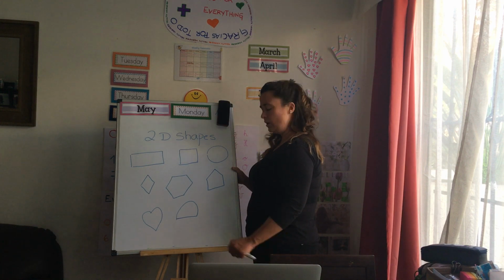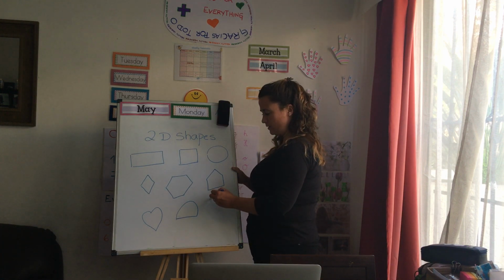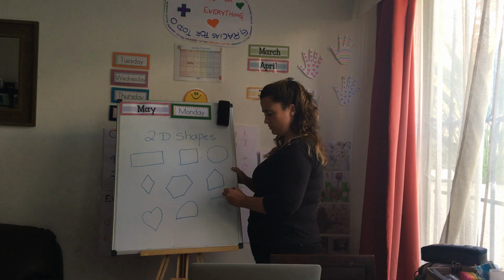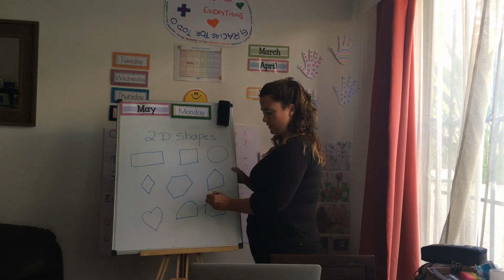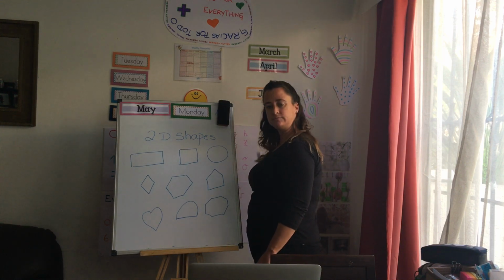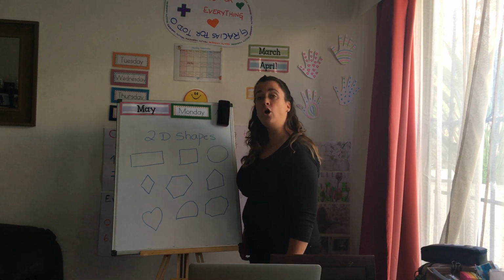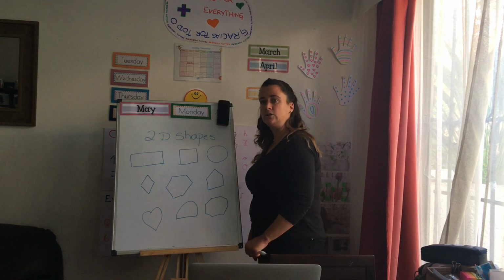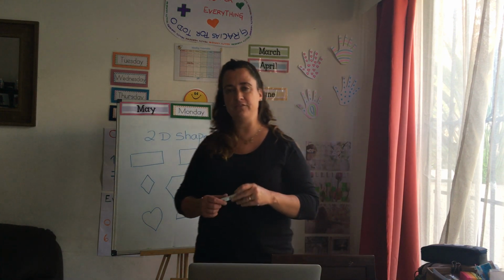Yeah? And what about this one? 1, 2, 3, 4, 5, 6, 7, 8. 8 sides. An octagon. Good job.